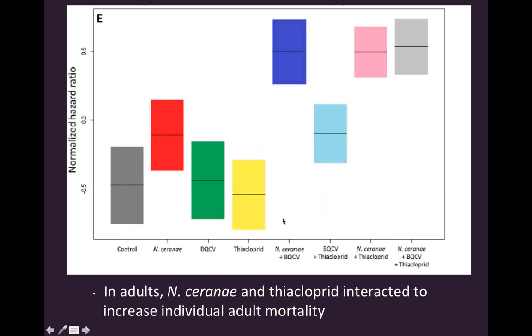And these are the ones that are individually exposed. And so there's really no negative, the hazard ratio is not positive. But as soon as you put Nosema cerana and thiacloprid, or Nosema black queen cell virus and thiacloprid, you have an elevated hazard ratio, meaning that thiacloprid is acting as a synergistic element to increase the potentially damaging effects of Nosema cerana and black queen cell virus.